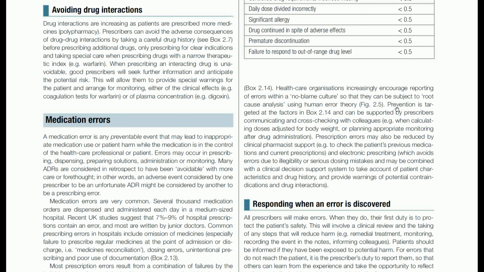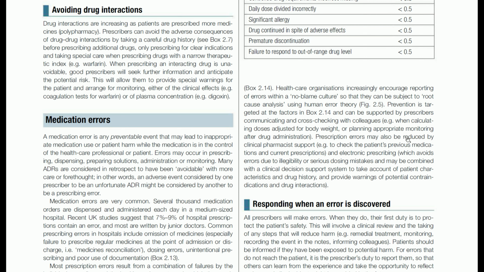Figure 2.5. Prevention is targeted at the factors in box 2.14 and can be supported by prescribers communicating and cross checking with colleagues, for example when calculating doses, adjust for body weight, or planning appropriate monitoring after drug administration.